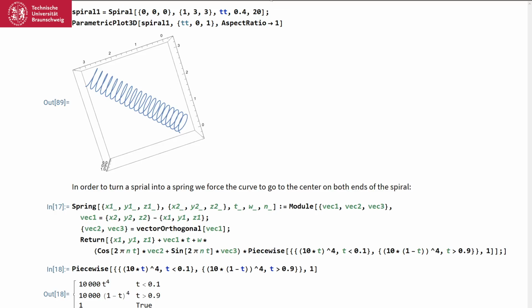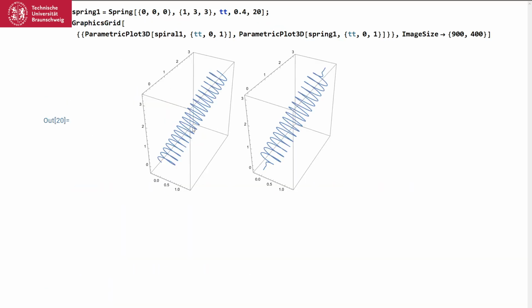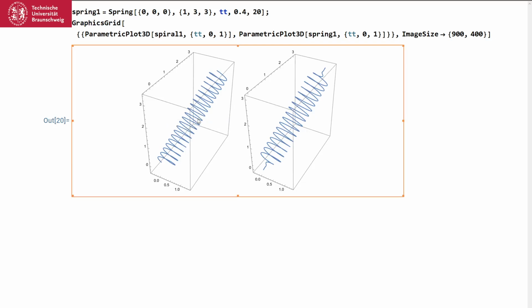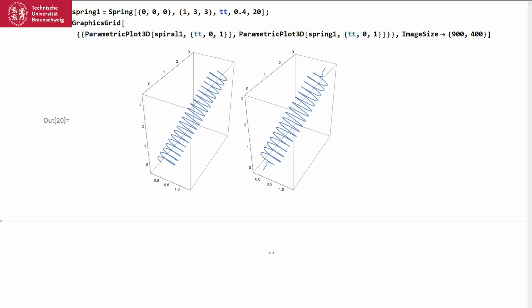Okay, when I do this and compare the two, we'll have here just the normal spiral, and here something that we could approximate as a spring. But this is art, not science.